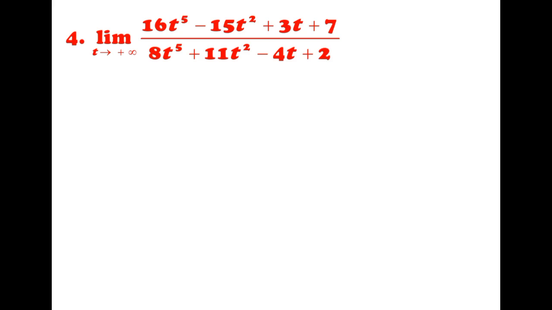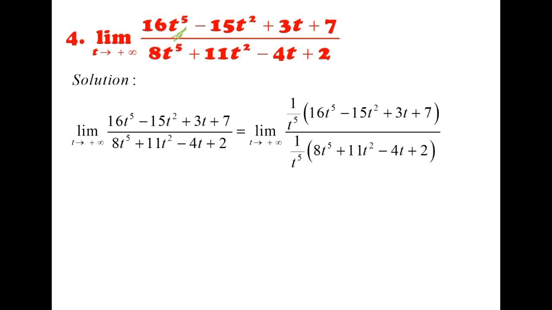As you can see here, the highest degree of the exponent of the variable t is 5. So in the solution, we multiply both the numerator and denominator by 1 over t raised to 5.